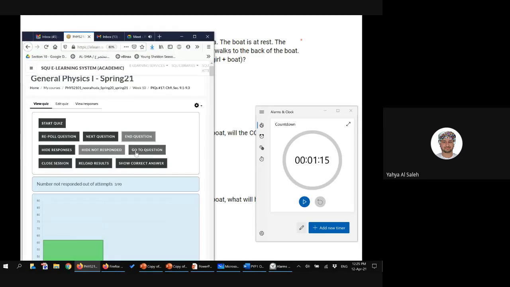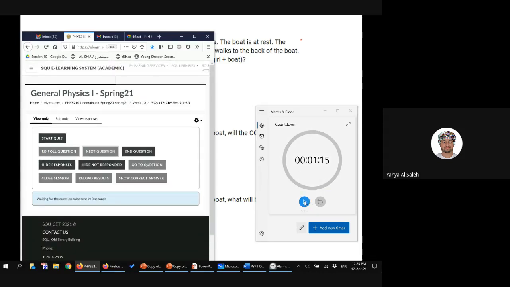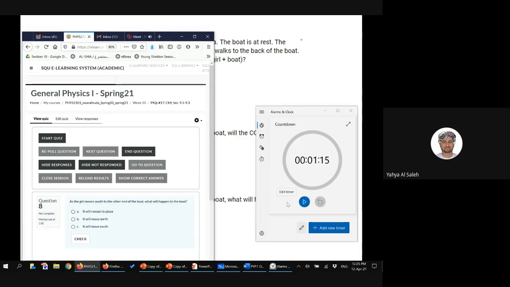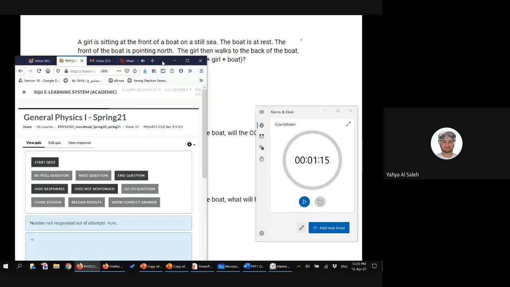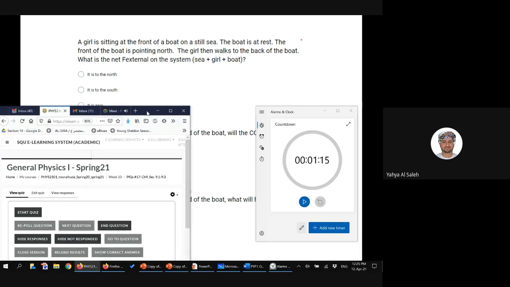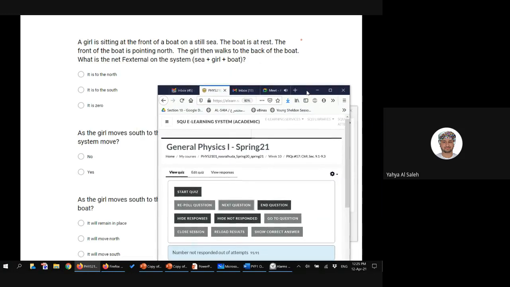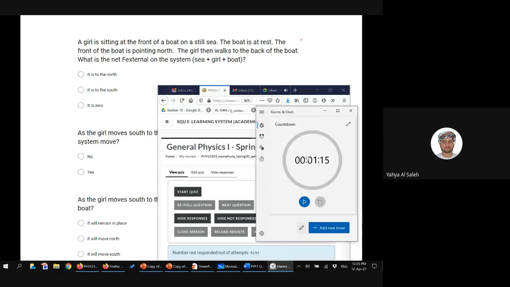Let's do one more. Next. As the girl moves south to the other end of the boat, some of you said the COM will move. Some of you said the COM will not move. Now the question is, what will happen to the boat? Will the boat itself move? Will it remain in its place? Will it move north? Will it move south? Think of it. Some of you said the COM would move. If you think the COM would move, do you think the boat would move?